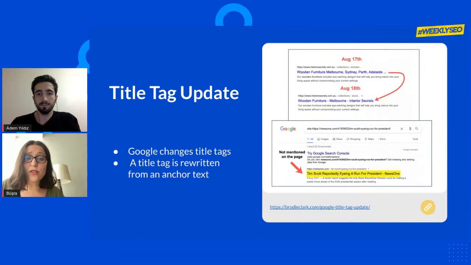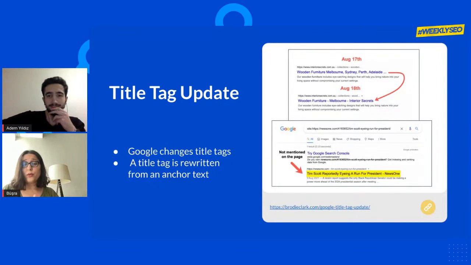They realized that Google changed some title tags of pages, and many were rewritten from, for example, an anchor text in a specific page, but the page is not related to that anchor text directly. It was just a linking text, and it was so interesting.